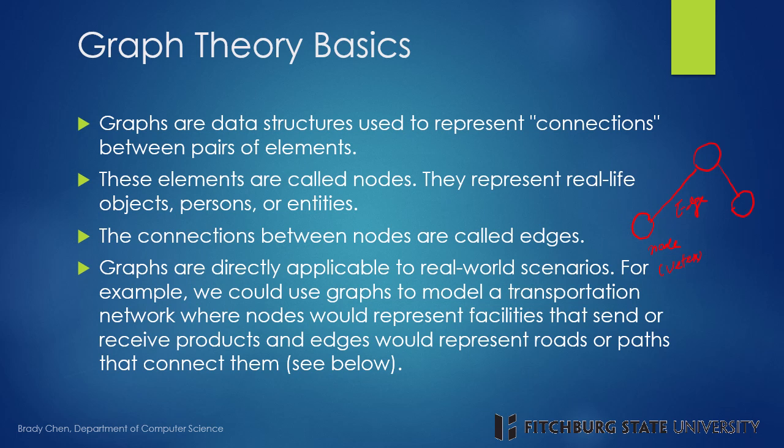Graphs are directly applicable for many real-world scenarios. For example, we could use a graph to model a transportation network where nodes represent facilities that send or receive products, such as storage places or factory premises, or a data network where nodes may be routers and so on. So this is a graph: nodes and edges.